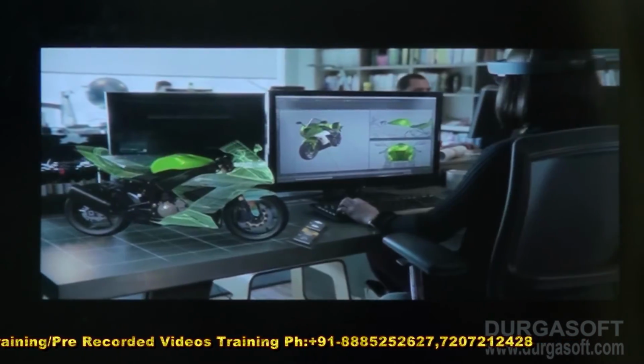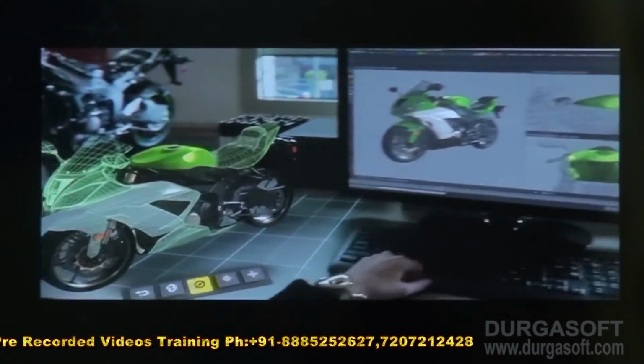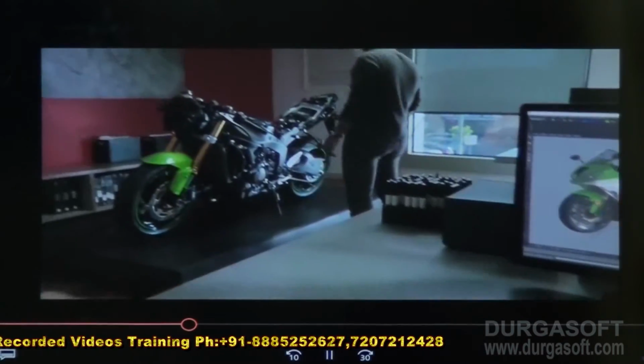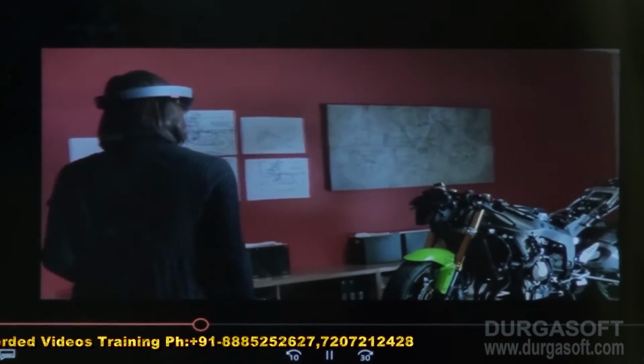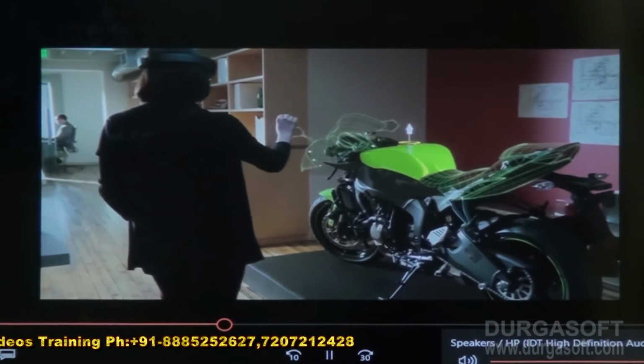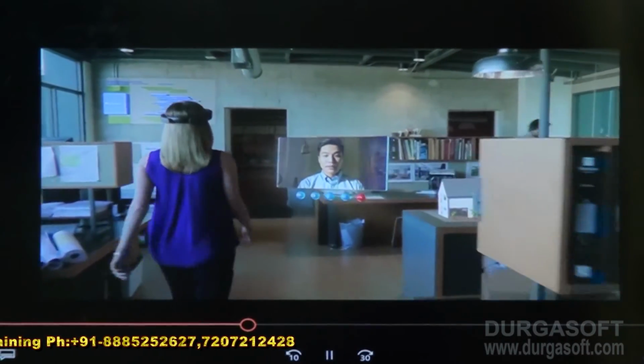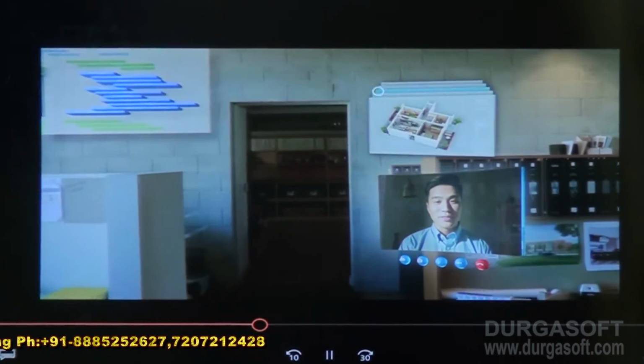New ways to visualize our work. But I have an idea for the fuel tank. New ways to share ideas with each other. How are things going your end? I just put the images in OneDrive. Perfect.